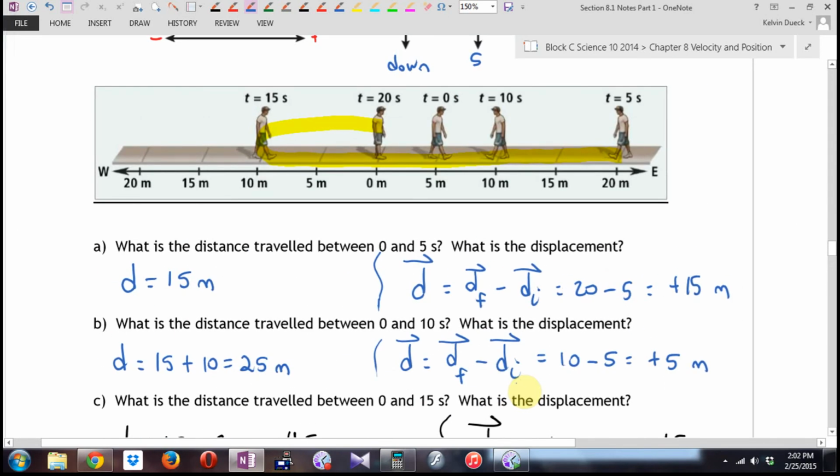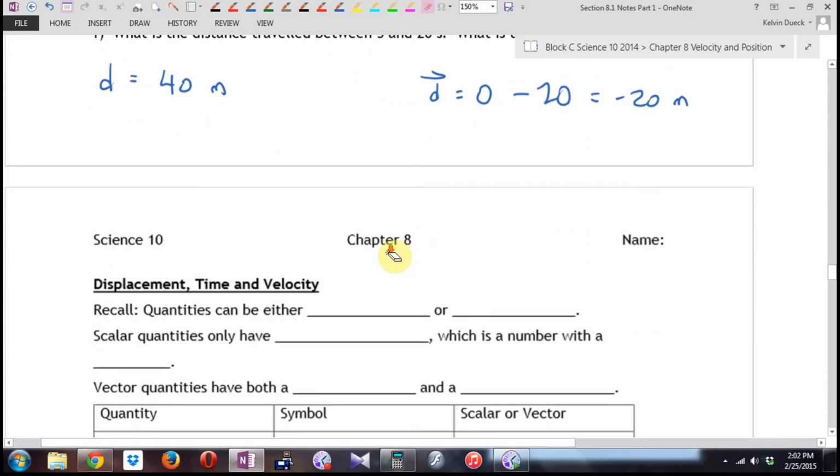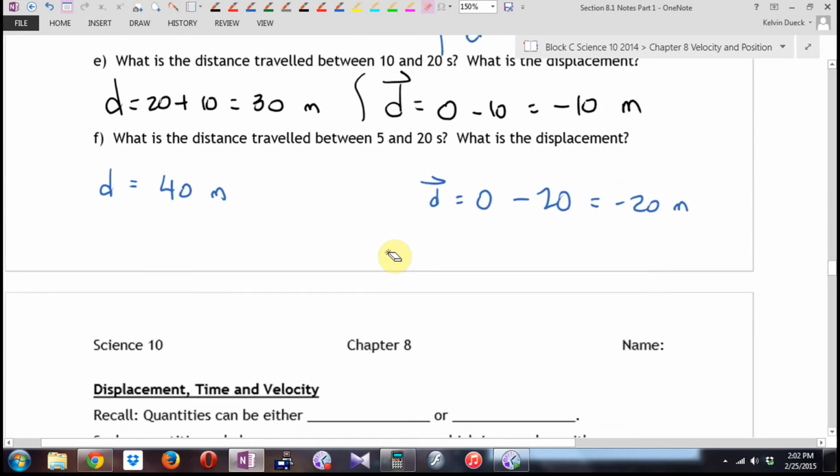Initial. Is that right? Yeah. So let's do some summaries here. So I got 40 and I got negative 20, or 20 meters to the left.